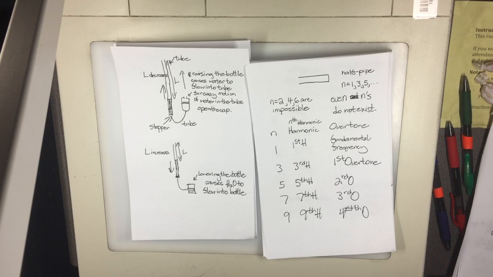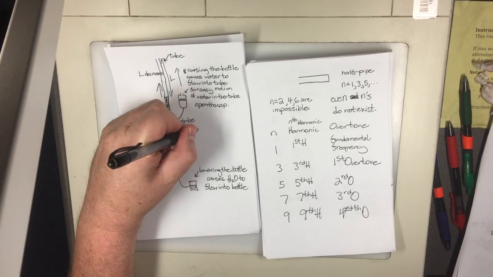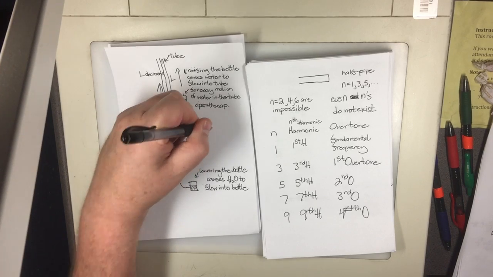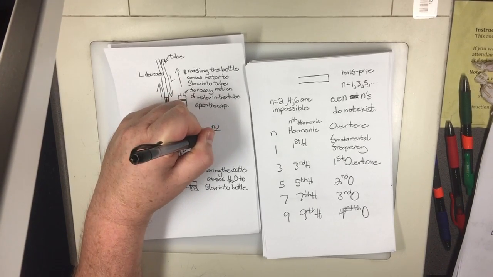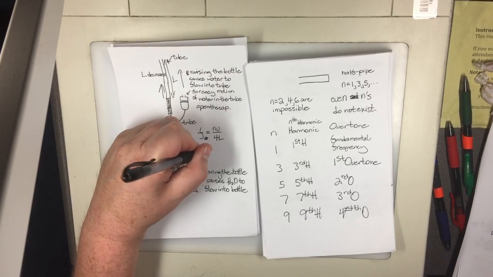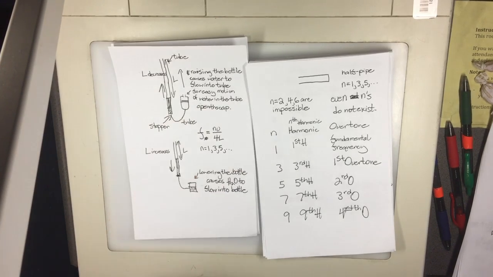The water in the tube acts like the closed end of a half pipe. So that's the closed end, that's the open end. The frequencies at which it resonates are nv over 4L, where n is equal to 1, 3, 5, etc.